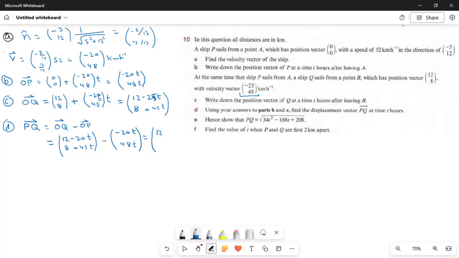So 12 minus 25t plus 20t is 12 minus 5t, and similarly 8 plus 45t minus 48t is 8 minus 3t. This is the displacement vector PQ.